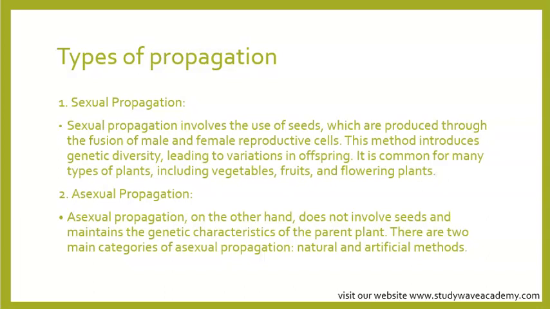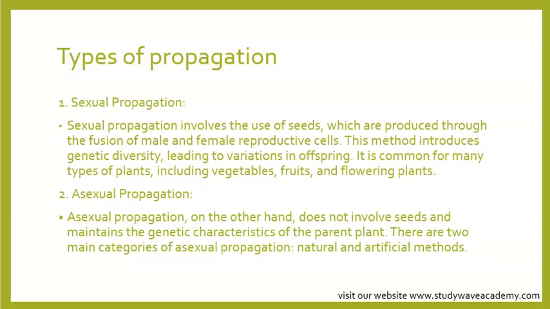After pollination, the pollen travels to the ovules, leading to fertilization. This process combines genetic material from the male and female parts of the flower, resulting in the development of a seed. Once the seeds are formed, they are usually protected within a fruit.